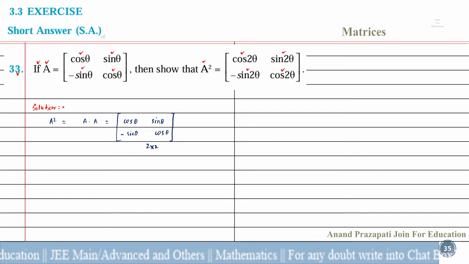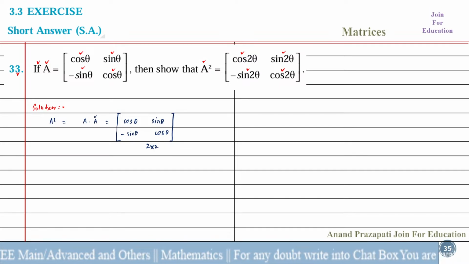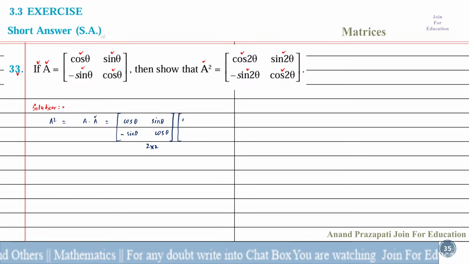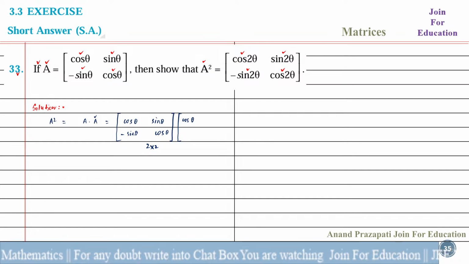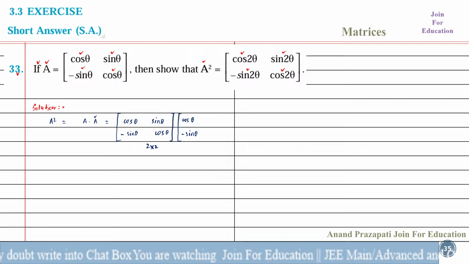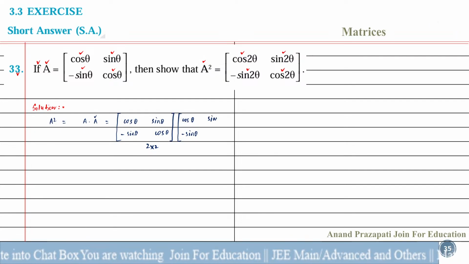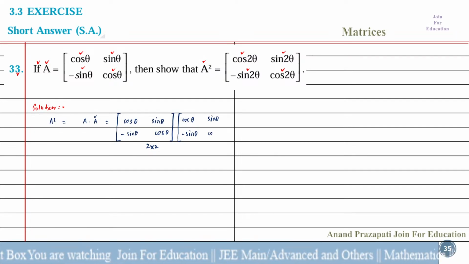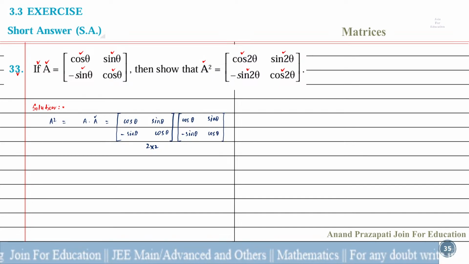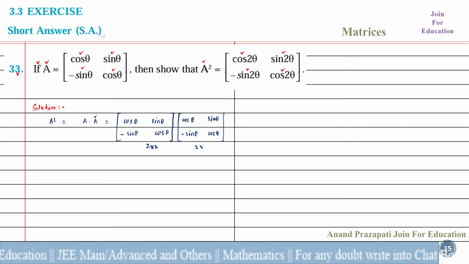Into again we write down A, [cos theta, sin theta; minus sin theta, cos theta]. The order of this matrix is also 2 by 2.